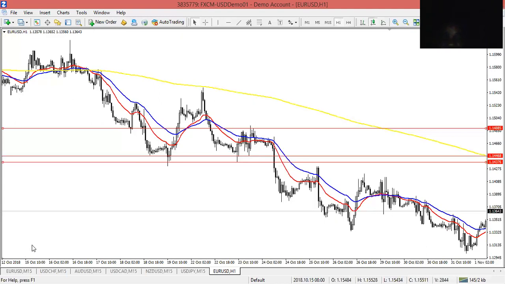I explained to you what margin and free margin is. So let's assume that your free margin is 200, and your present trade is reading minus 5 in profits.